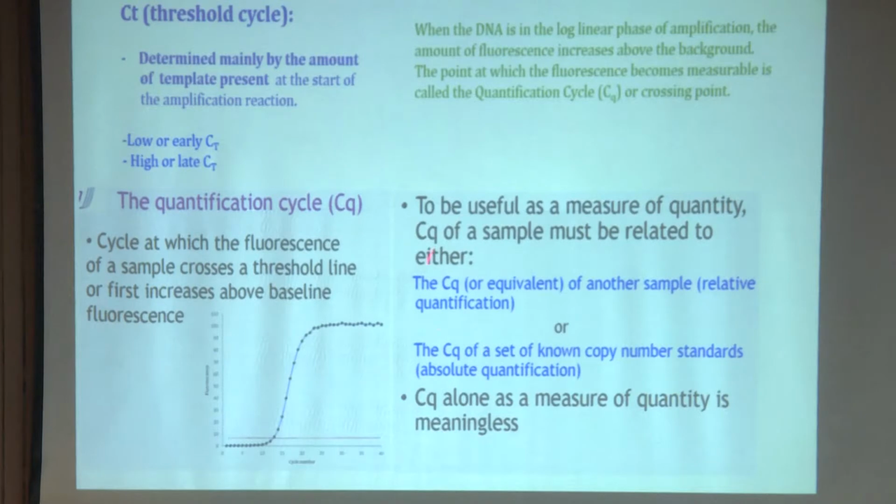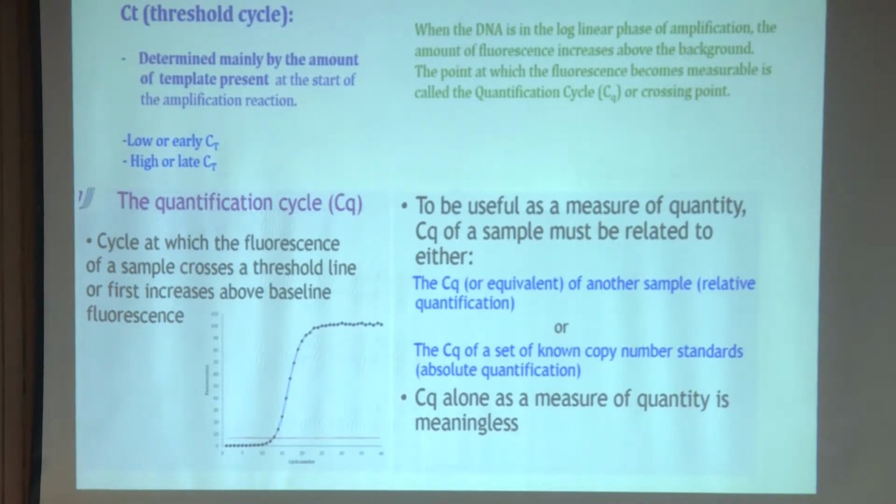To be a useful measure of quantity, the CQ of a sample must be related to either another sample, with which you can do relative quantification, or to CQ values of certain independent standards, from which you can prepare a standard curve, the way you normally do with any spectroscopy reaction.